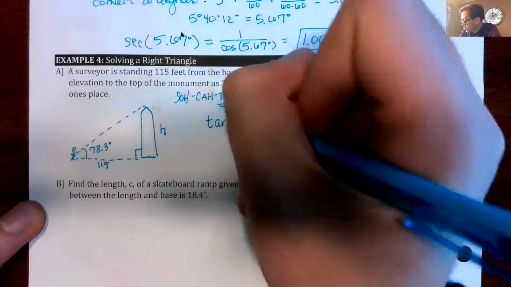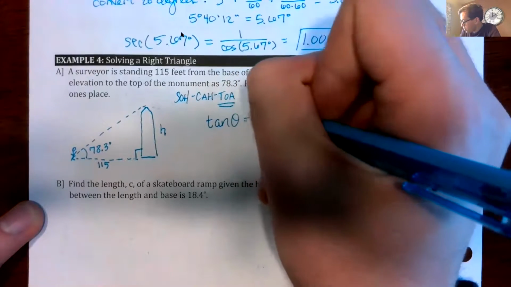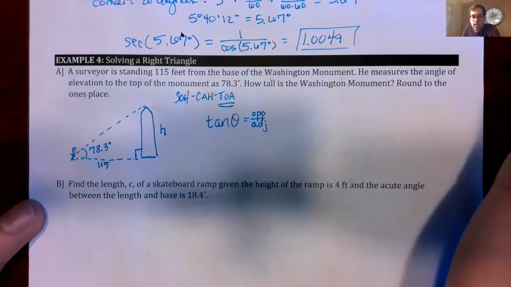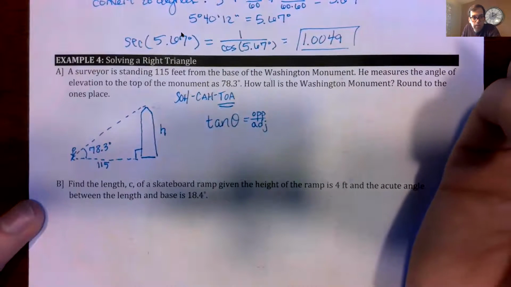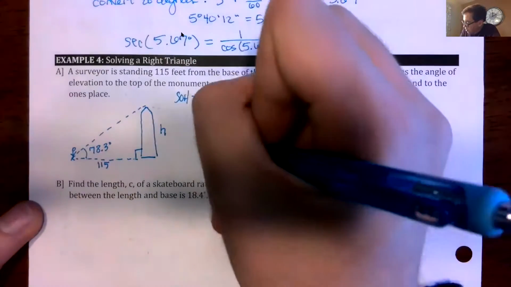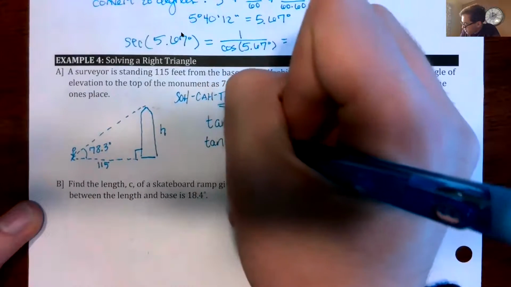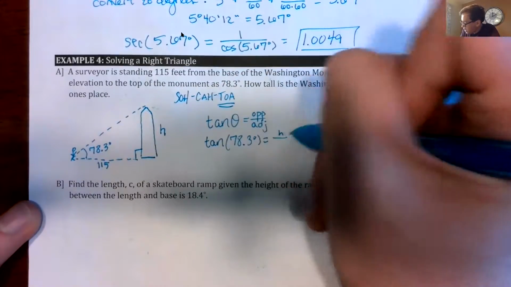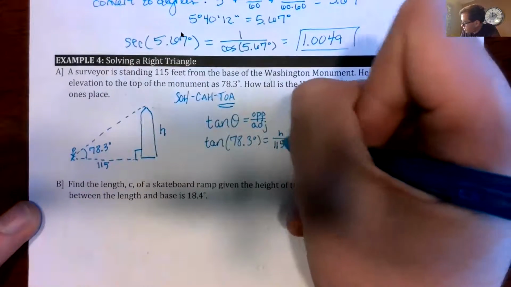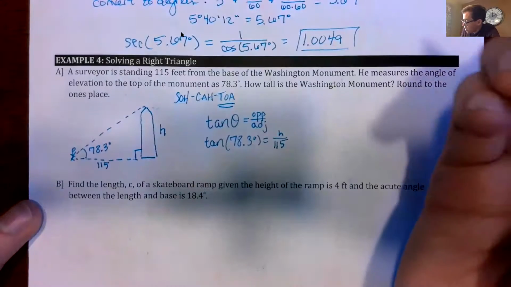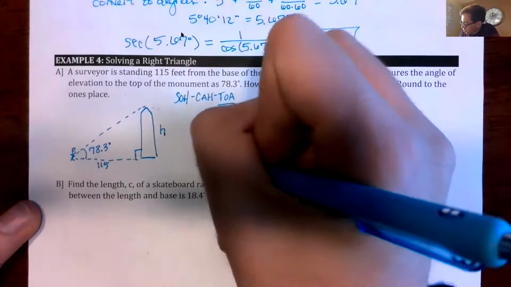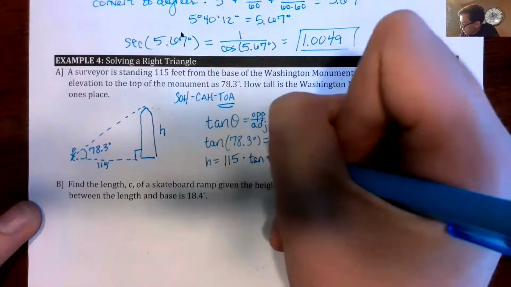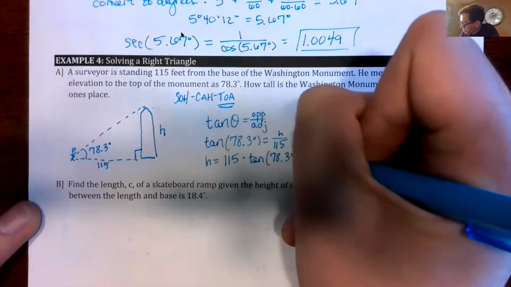So we're going to have tangent of theta equals opposite over adjacent. That's the initial formula, and we can plug in what we know. The angle is 78.3 degrees. The opposite we're calling H, and the adjacent we're calling 115. So H is going to equal 115 times the tangent of 78.3 degrees.